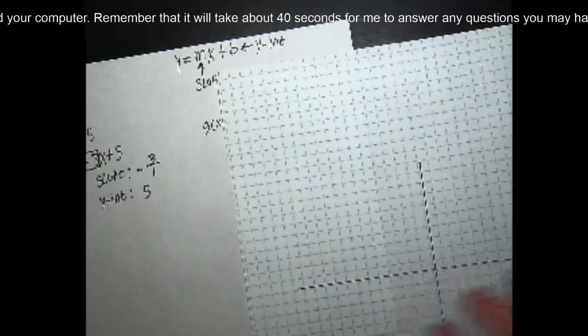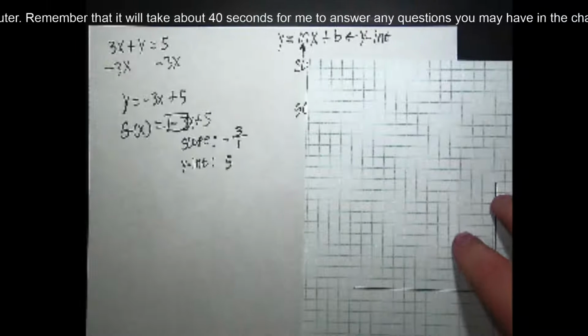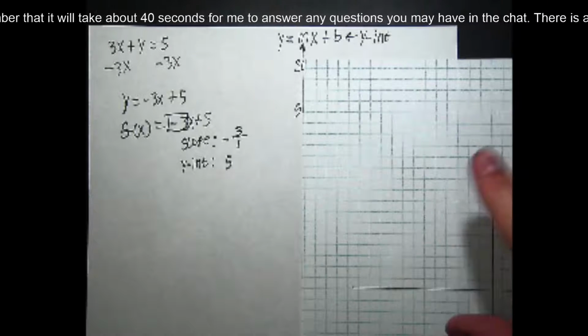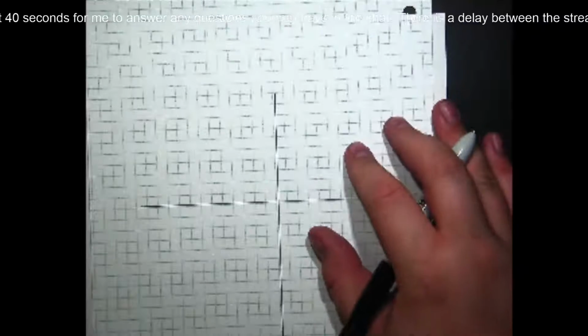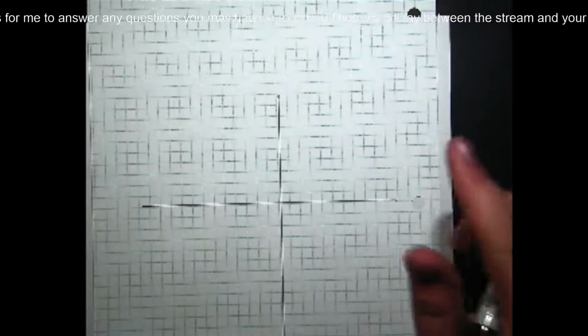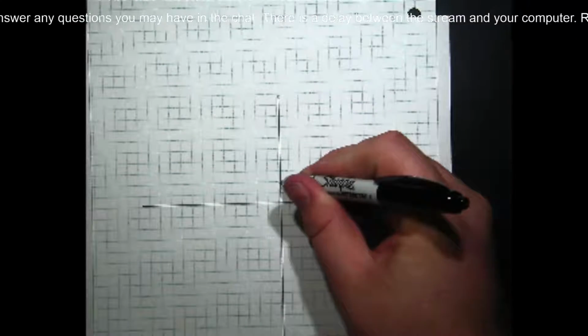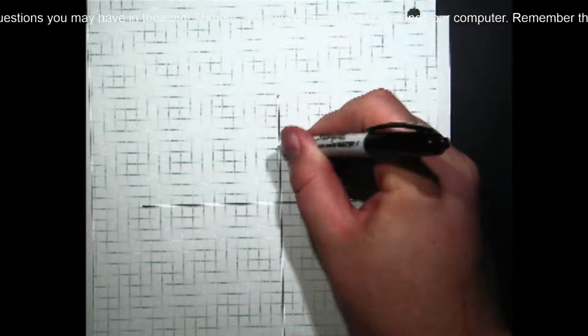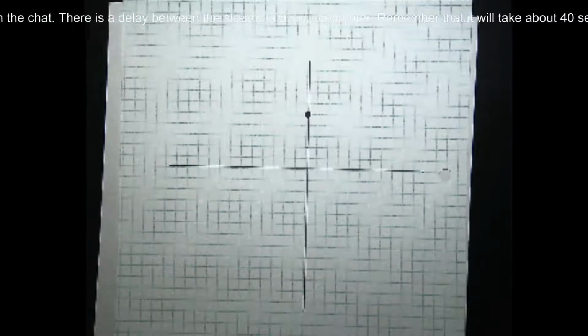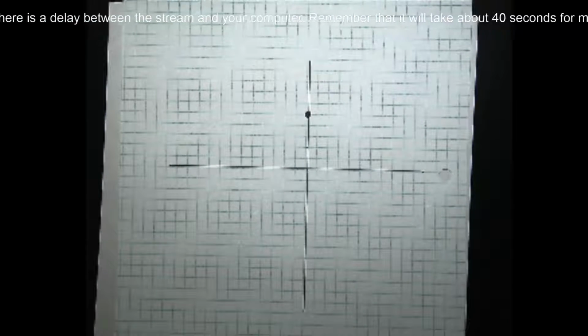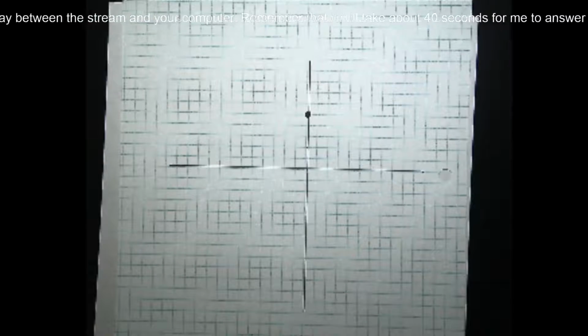So once again, our slope is negative 3 over 1, and our y-intercept is 5. So the first point that I'm going to put on here is the one point that I know, and that is y equals 5. So 1, 2, 3, 4, 5 is right there. Again, this is the first point that we can put on because we know that the graph is going to cross through our y-axis.